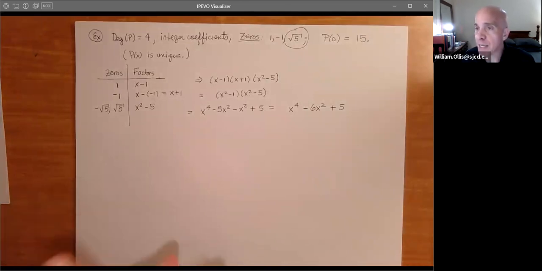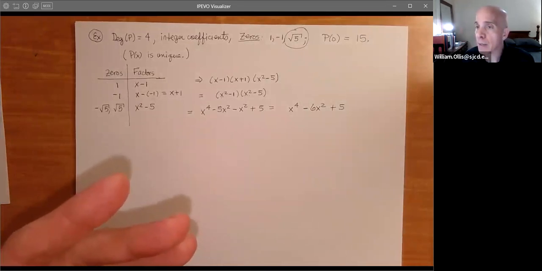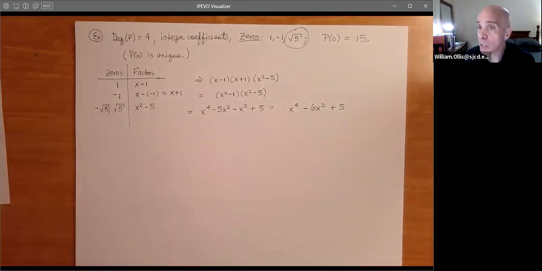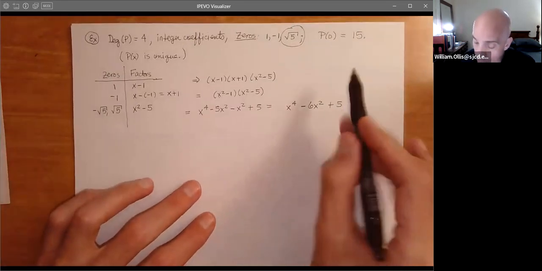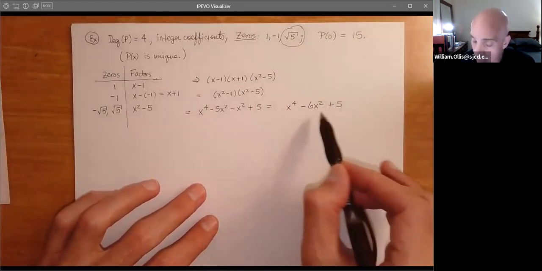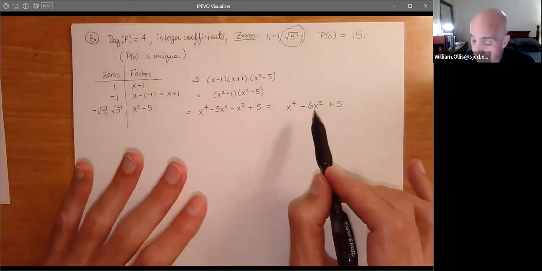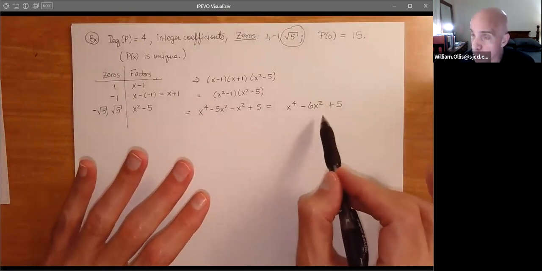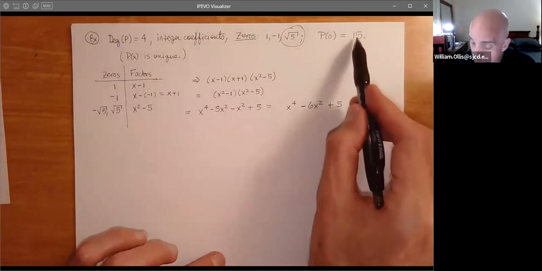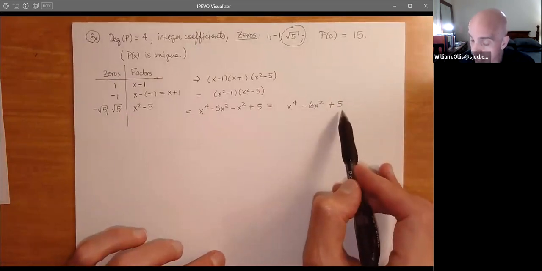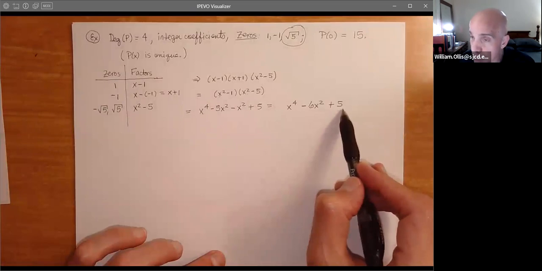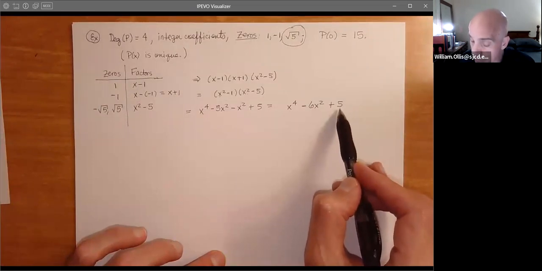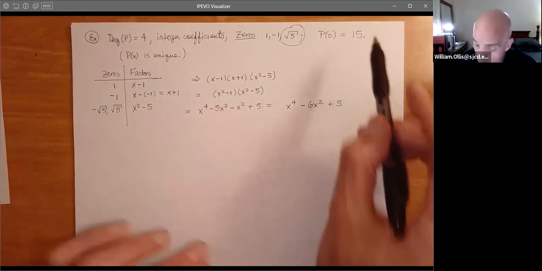Now you can think of this in terms of complete linearization, where we think of this polynomial times some number a, or we can just say, okay, we can take any multiple of this polynomial to define p. So if we need this to be the 15, then we can simply multiply this polynomial by 3, and the 3 will give us the 15 that we need.